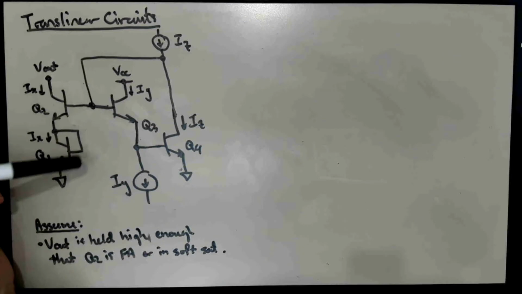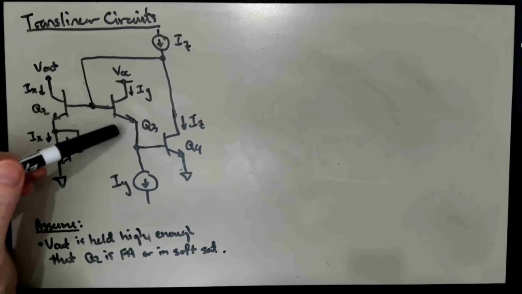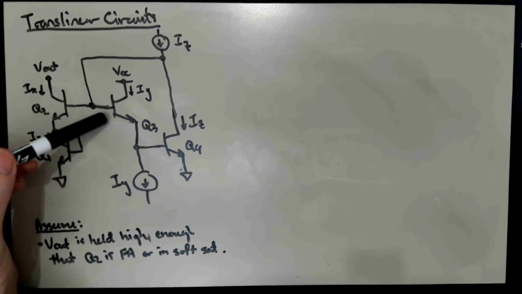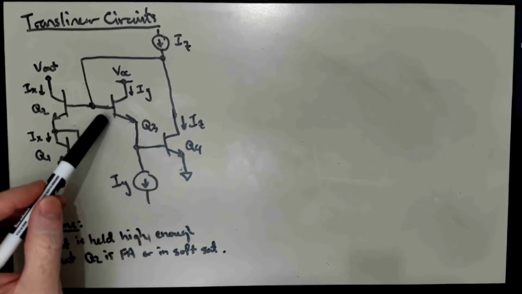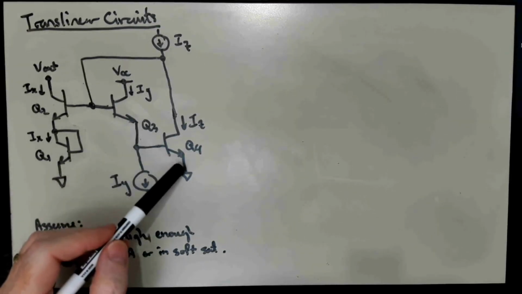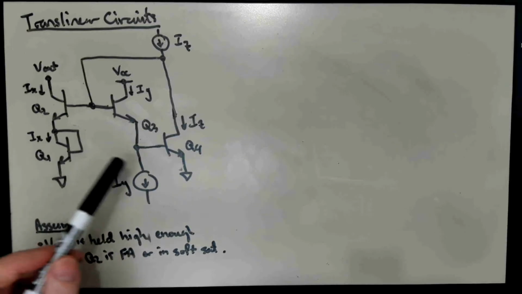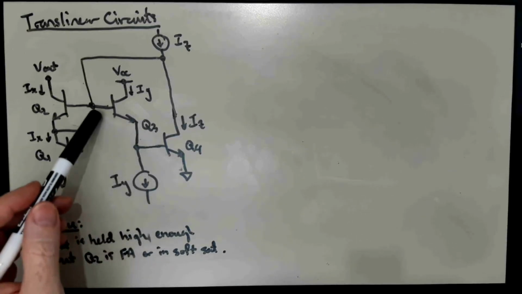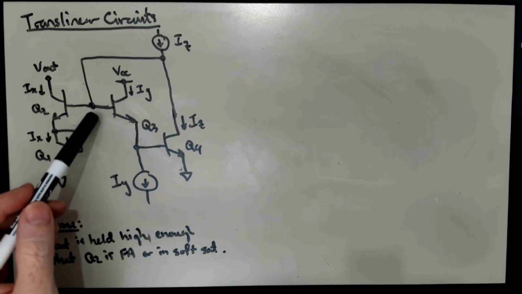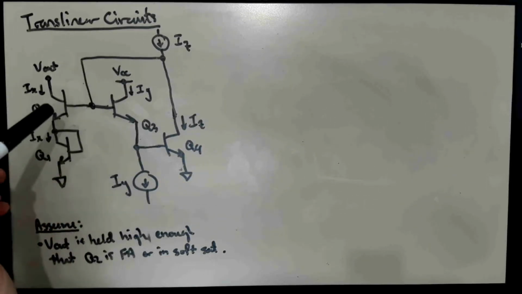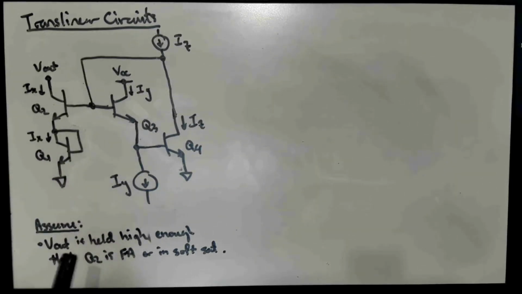So if the normal range for a bipolar transistor to sweep out its entire useful current range is, let's say, 0.4 to 0.7, then each of these could be in the range of 0.4 to 0.7. And so you'd have 0.4 plus 0.4 at the bottom end, and then maybe 0.7 plus 0.7 at the top end, which would give you a range of 0.8 to 1.4 for the voltage here on the base of Q2/Q3.